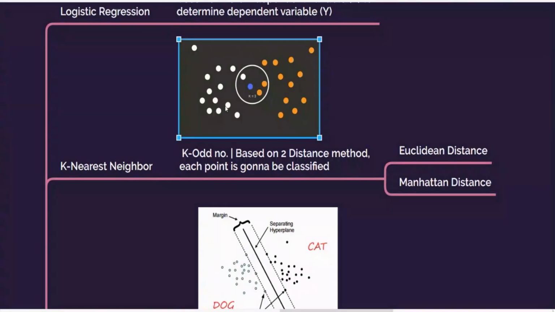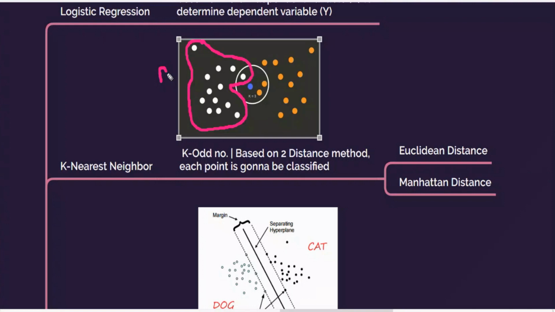Then we have the K nearest neighbor algorithm. How this algorithm works is, first we plot all the values on our graph. Then, based on the color difference, we can understand that these white-colored dots will come under one class.